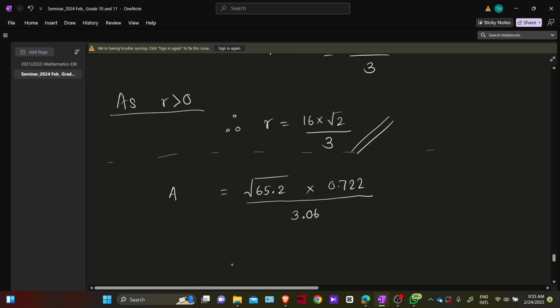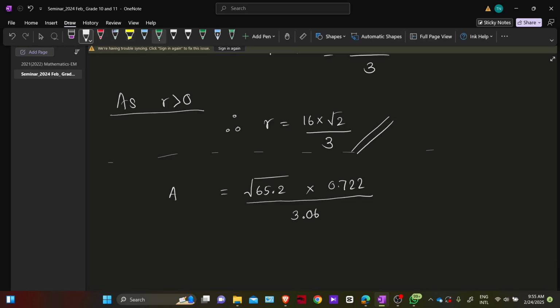Right. Let's consider all the numbers inside: 0.722, 65.2, 3.06. Right.